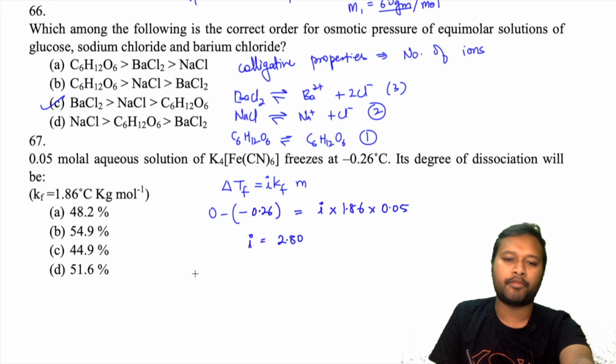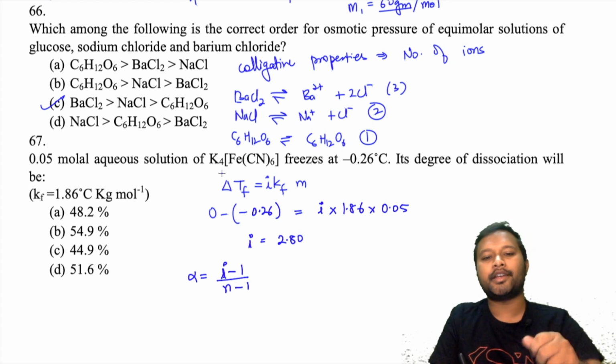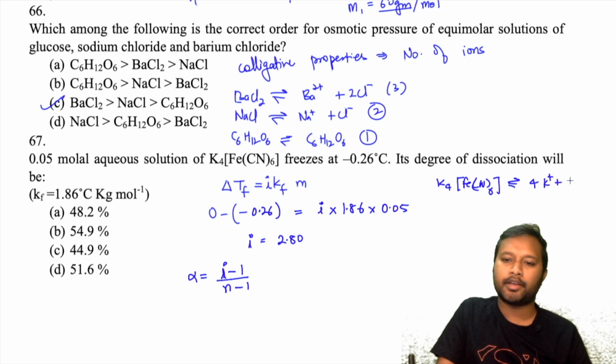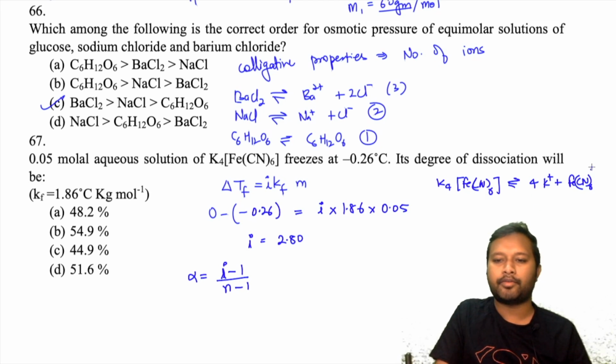Again, now the same formula which we have earlier applied, so alpha is equal to (i minus 1) divided by (n minus 1). Now if you look at the formula, the value of n is going to be 5. Why? Because K4[Fe(CN)6] is going to dissociate into 4 moles of K plus ion and [Fe(CN)6] 4 minus ion.